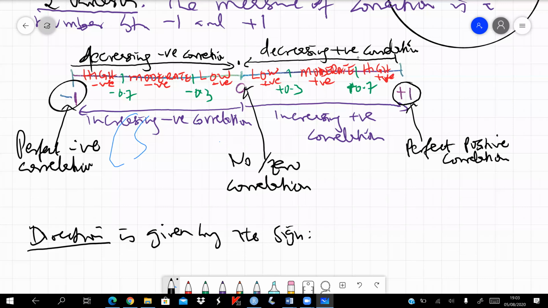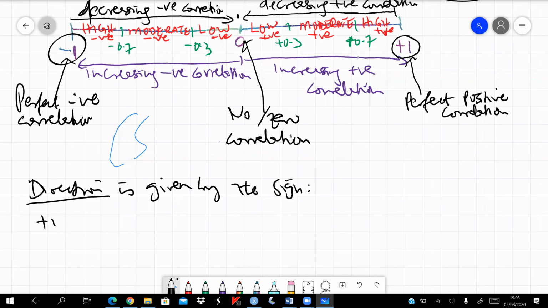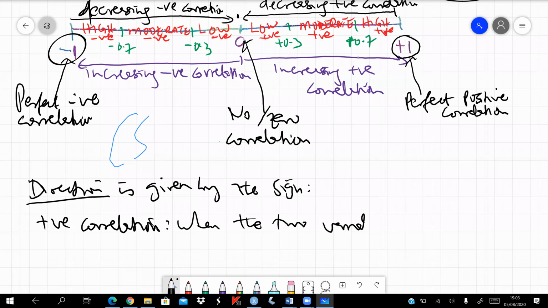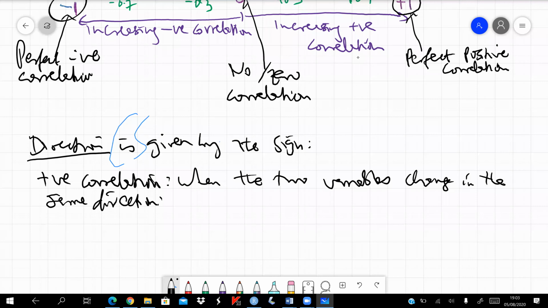So when we talk about positive correlation, this is when two variables change in the same direction. When the two variables change in the same direction, you end up with what we call positive correlation.